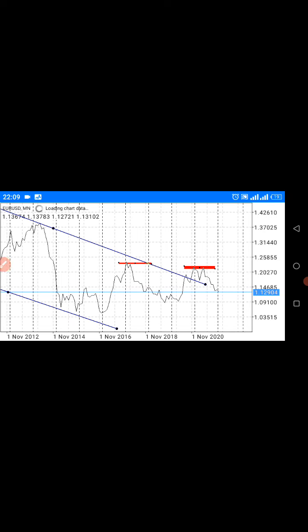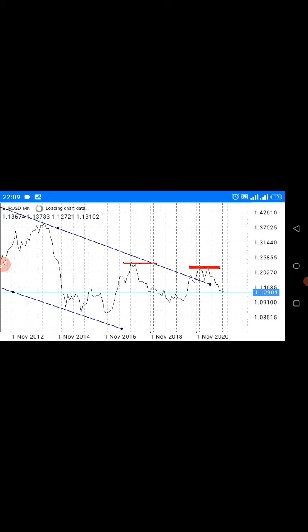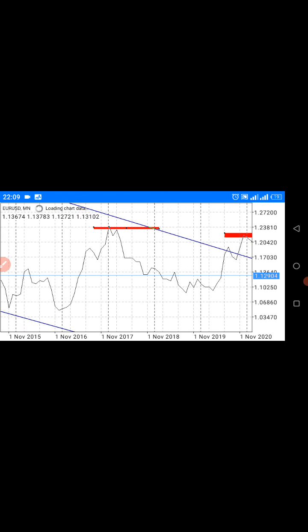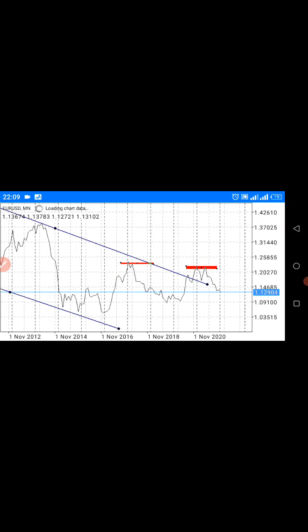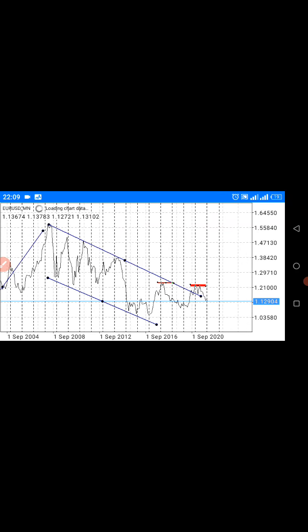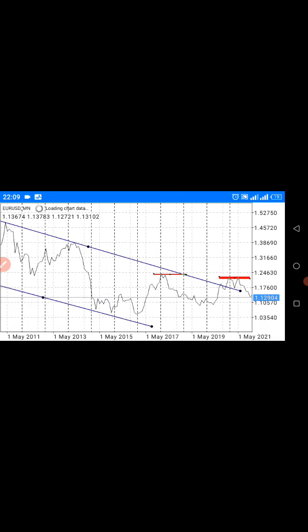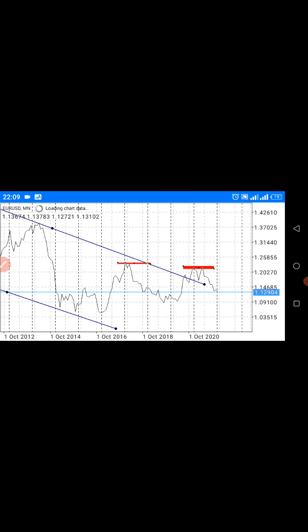But we can't take a trade purposefully because of this double touch. That is what I'm trying to say. We can't take any trade because of just one pattern that we see. But we can take a trade if we see many other reasons to take that trade. Like this, we see the market structure and the turning points, which is our major reason, and the double top, which is our second reason to take the trade.